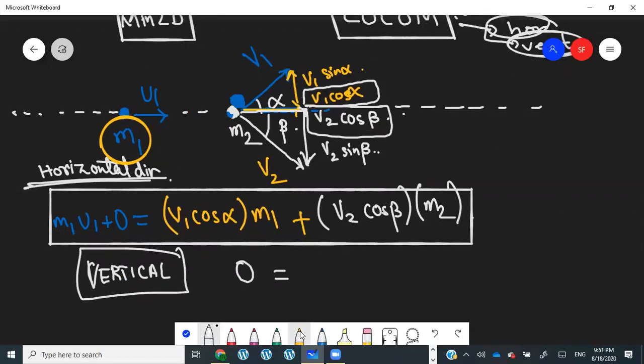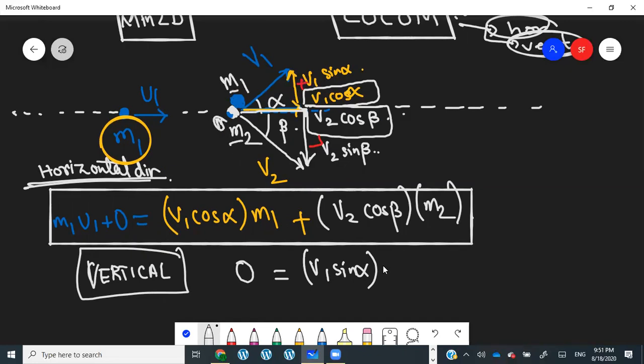For the final momentum, you have to be very careful. These two velocities are vertical, but they are in opposite directions. So if you assume that the velocity upwards is positive, then you have to assume that the velocity downwards is negative. Now you just use them in momentum. v1 sine of alpha, which is positive, multiplied by the mass of this blue body, m1. The mass of this white body is m2.